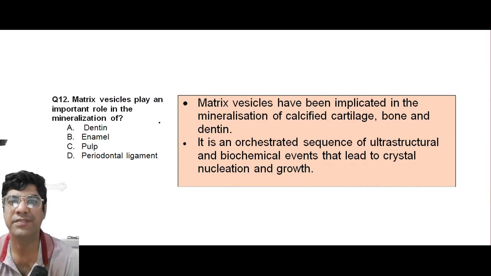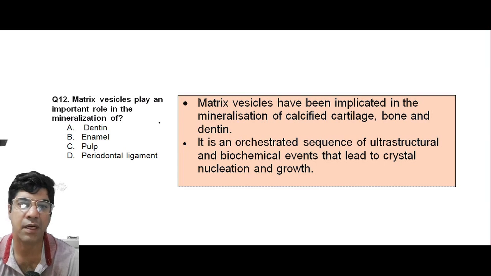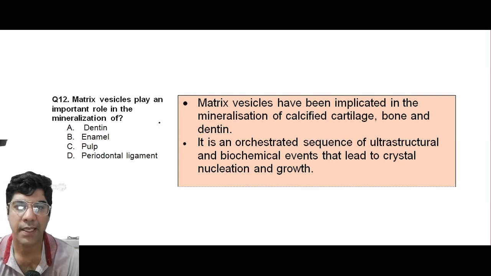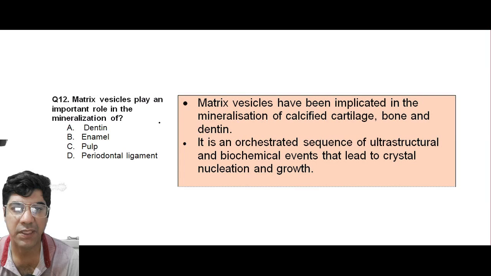The matrix vesicles play an important role in mineralization of dentin, the hard tissue that makes up the majority of the tooth structure beneath the enamel. Dentin is a mineralized tissue, and the process of dentinogenesis involves the deposition of minerals like calcium and phosphate within the dentin matrix.